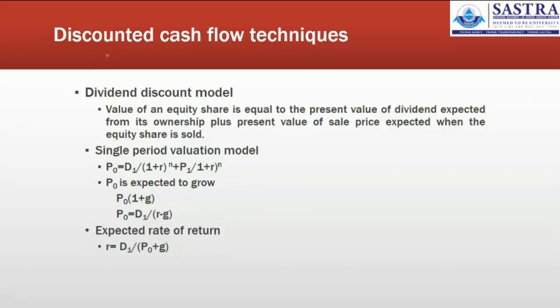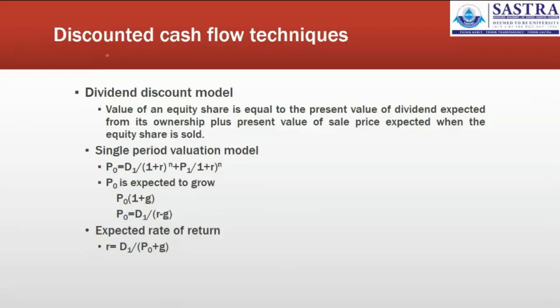Some models or techniques we might apply. A simple technique for single cash flow or single period calculation. Simply, I can take the first one for calculating the present cash flow, or the market price of the security at the beginning, which is equal to D1, the dividend received in the next year, divided by 1 plus R to the power n.